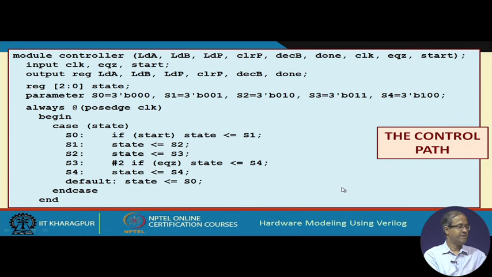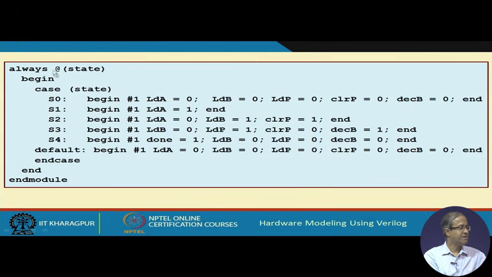Now, next part of this controller will be to generate these signals load A, load B, load P, clear P, decrement B. This is in a block where you are using blocking assignments. So, again in the S0 state we are not activating any signals. So, all the signals are zeros.